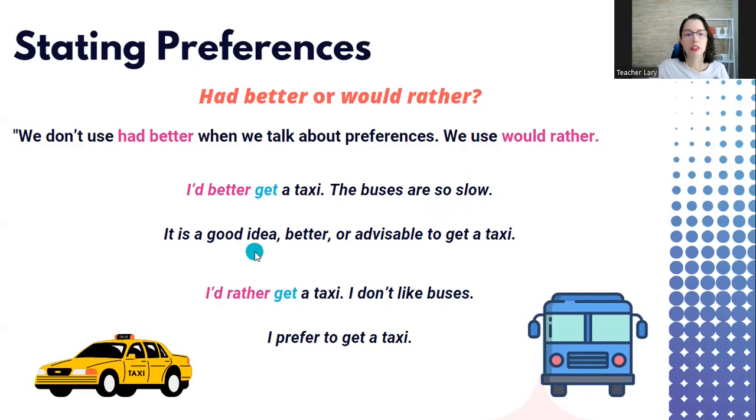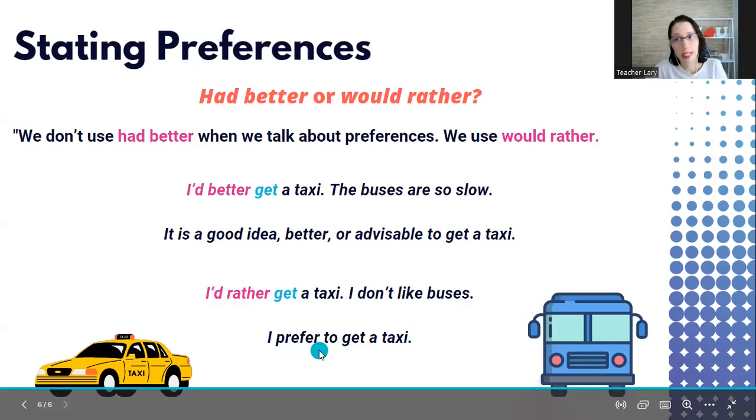That means that it's a good idea, or advisable, to get a taxi. When I want to state preference, I say I'd rather get a taxi. I don't like buses. That means that I prefer to get a taxi. Okay, it's my preference.